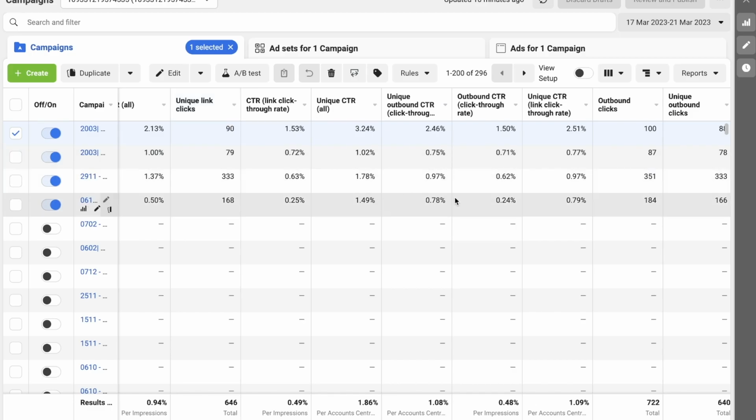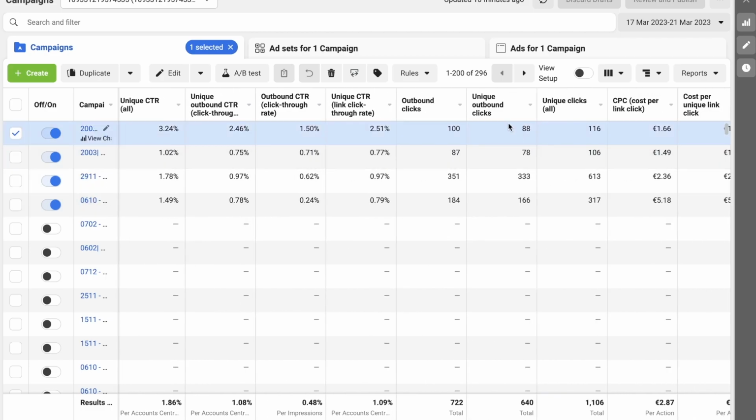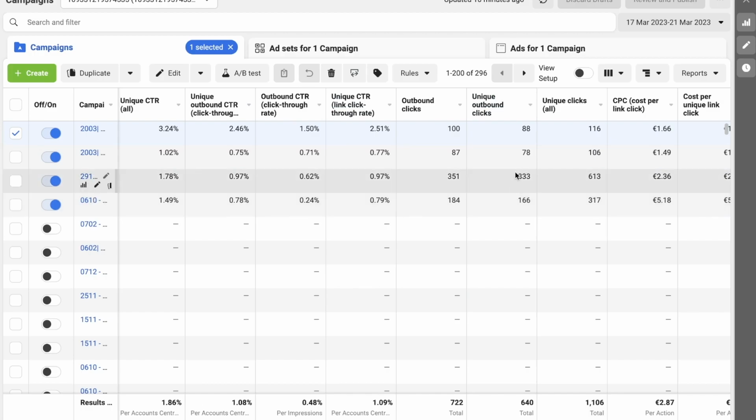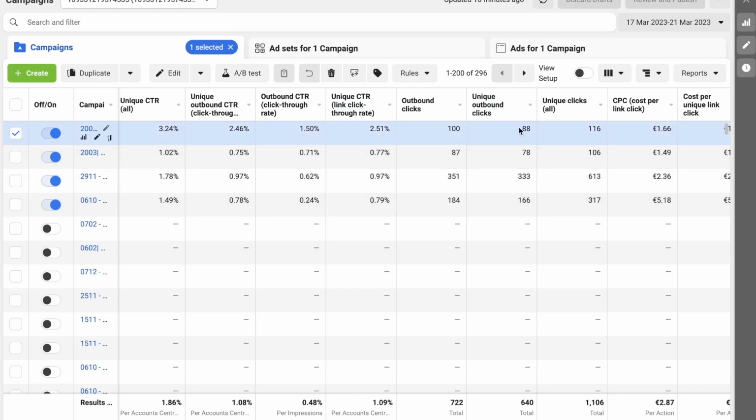Because you want to know how many, for example here with outbound clicks, individual potential customers you're getting. I don't care if I get 100 clicks from 10 users, because that means I only have 10 potential customers. I don't have 100, I have 10.